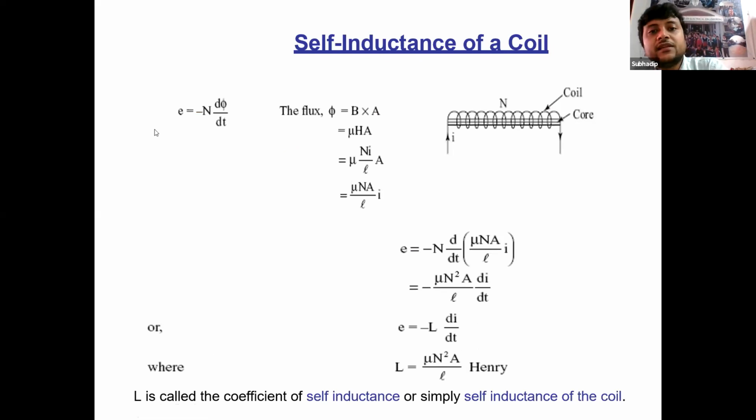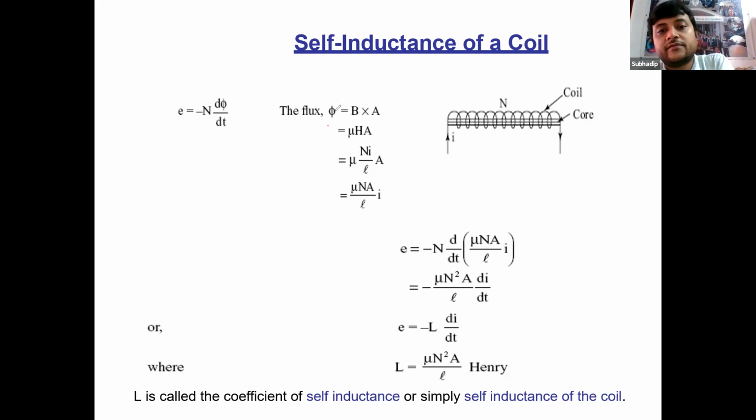Now, self inductance of a coil. We know E equals minus N d phi by dt. The flux phi equals B into A, where B is the flux density and A is the cross-sectional area of that particular metallic piece.